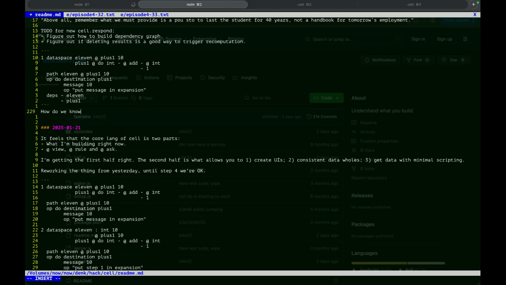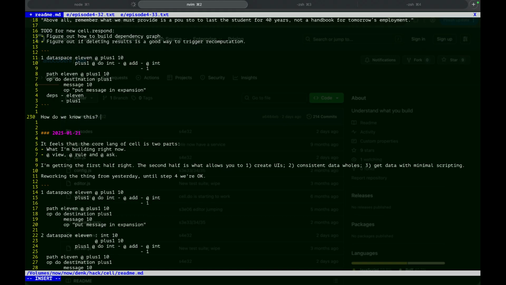How do we know this? Because we found that the destination is plus 1.